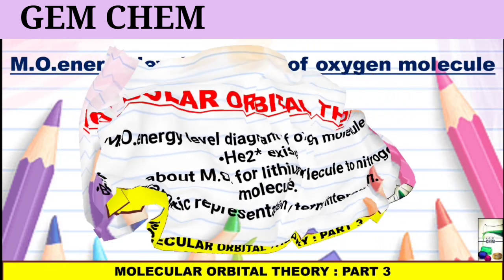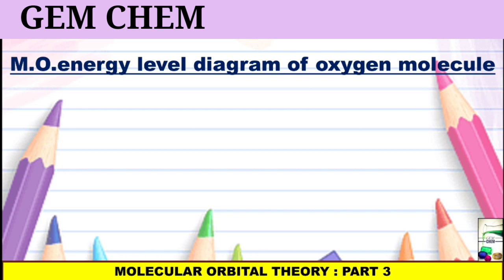Now let us see. So first we are going to deal with the molecular orbital energy level diagram of oxygen molecule. In this case, we have the 1s orbital. The 1s orbital will combine in phase or out of phase to form a sigma bond. Similarly, 2s orbitals will combine in positive and negative phases to get sigma 2s and sigma star 2s, and next we have 2pz.